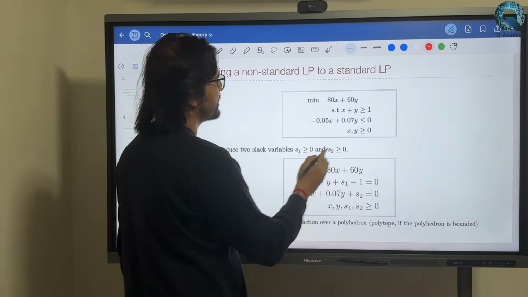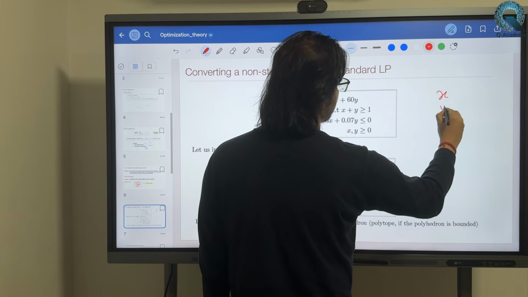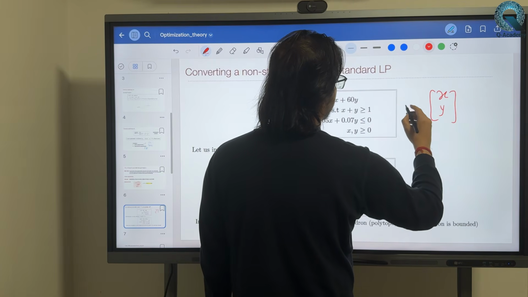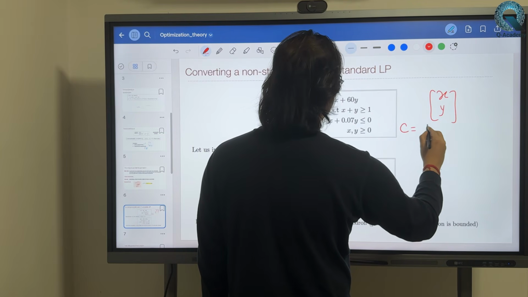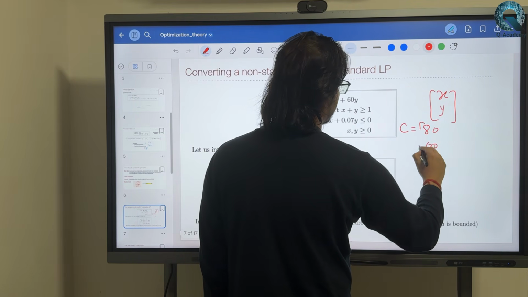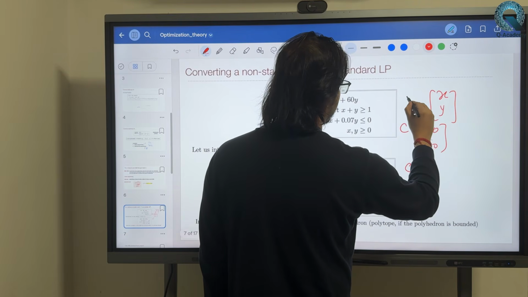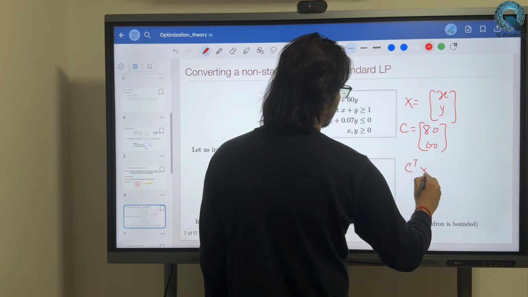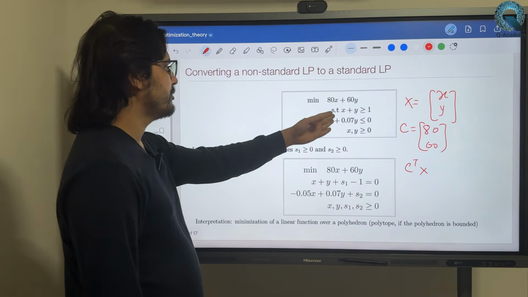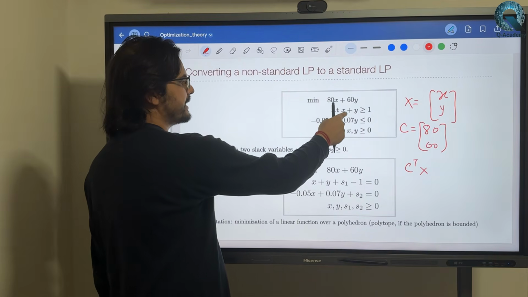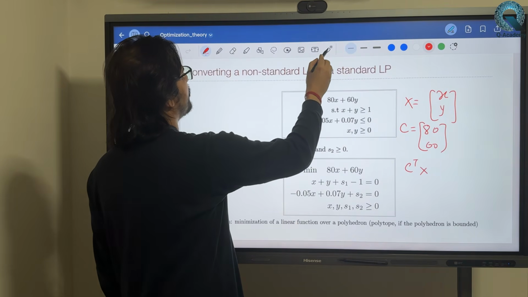You can think of it as being in the form of C transpose X, where x, y are your decision variables and your C is basically 80, 60. So C transpose X will be 80x plus 60y. But you notice that your constraints are not in the standard form.